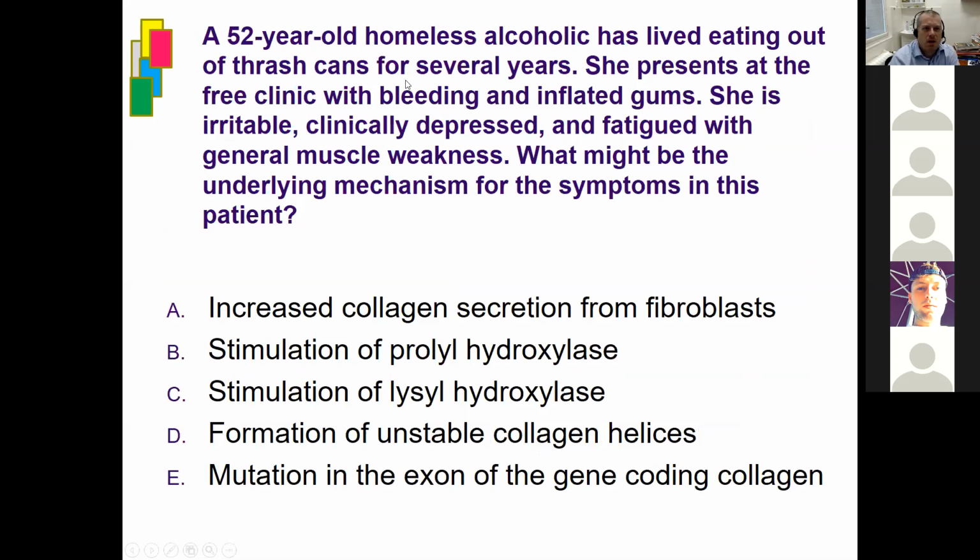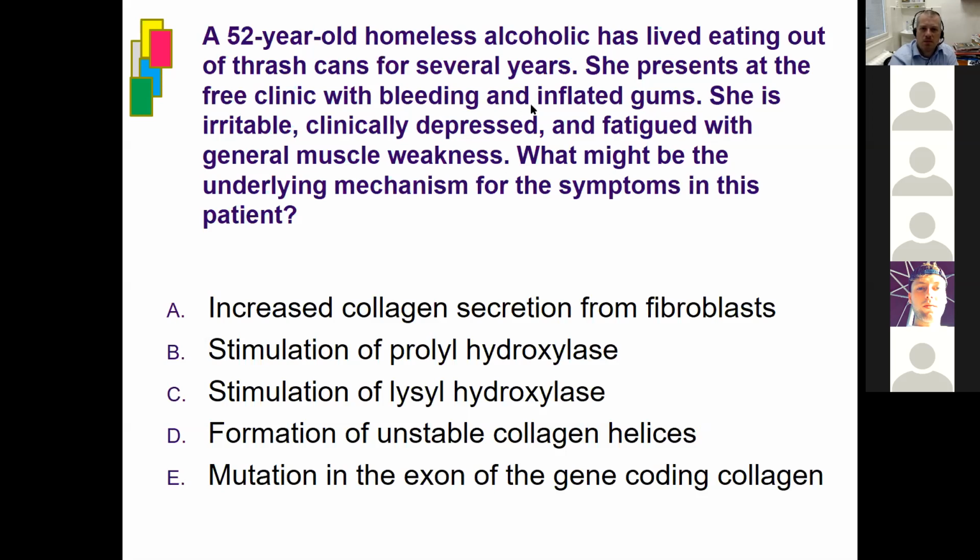So another problem. If you've got questions or problems, just type it into chat. I will get back to it at the end of our session. Now we move forward. Another story describing a homeless alcoholic who, with these eating habits, eating out of trash cans, now comes to a doctor with bleeding and inflamed gums.